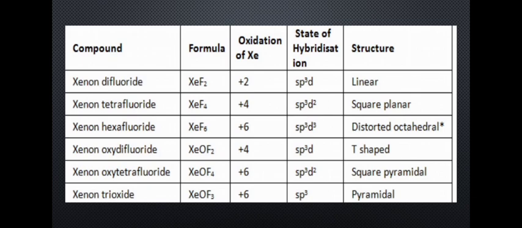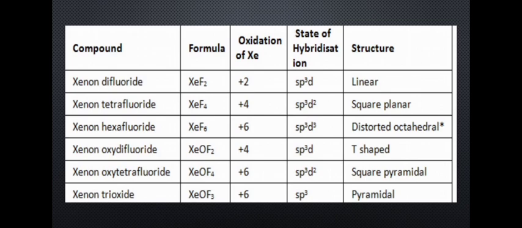Why square planar? Because only 4 fluorine are there, but we have to make the arrangement of 6. So at 4 positions fluorine will be there, while at 2 positions lone pairs will be there, and the fluorine will occupy the corners of the square. The 2 lone pairs lie one above the plane and another below the plane.